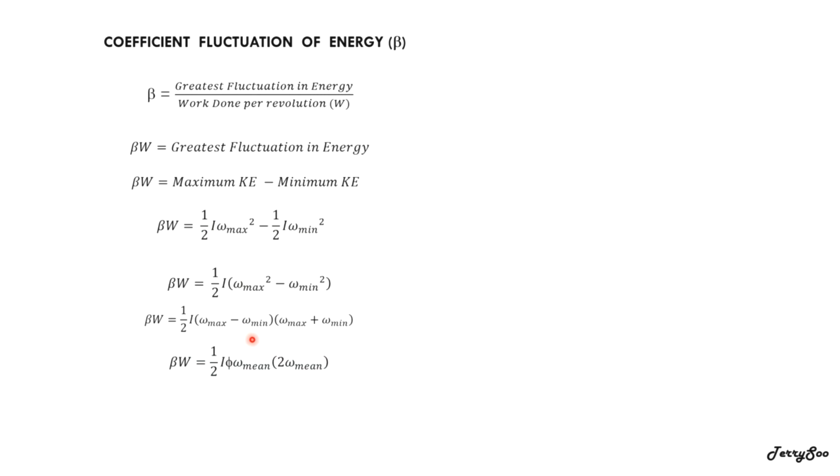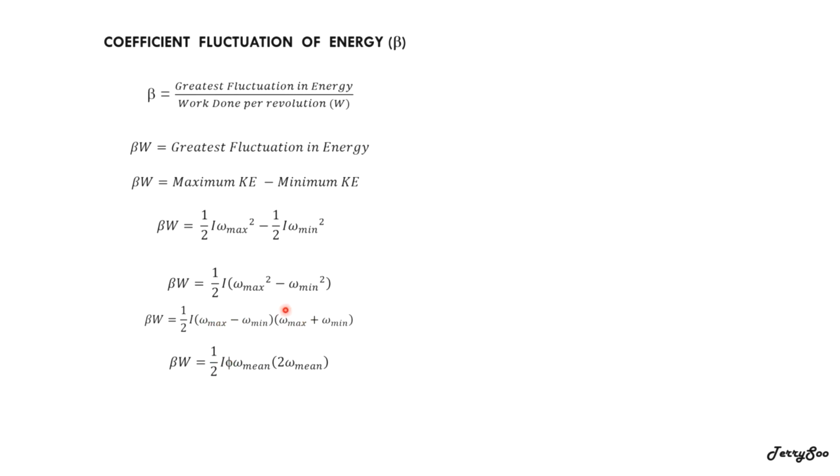In order to simplify, you have max plus min divided by 2. If you take maximum speed plus minimum speed divided by 2, actually you get the average or the mean speed. So that also can represent 2 times mean speed. Maximum minus minimum divided by mean speed actually will give you the variation in speed.